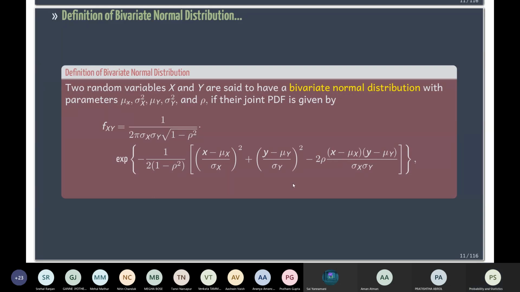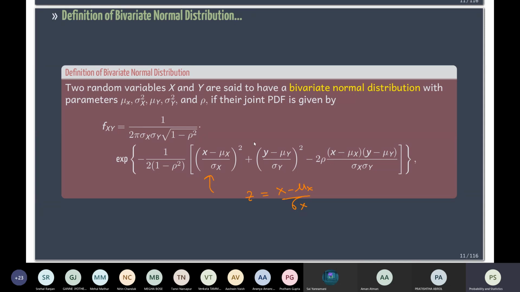From here you can already see that if I would scale my variables, so if I scale z to be x minus mu x by sigma x, and write it in z form, then it will boil down to z1 square plus z2 square minus 2 rho z1 z2 and so on.